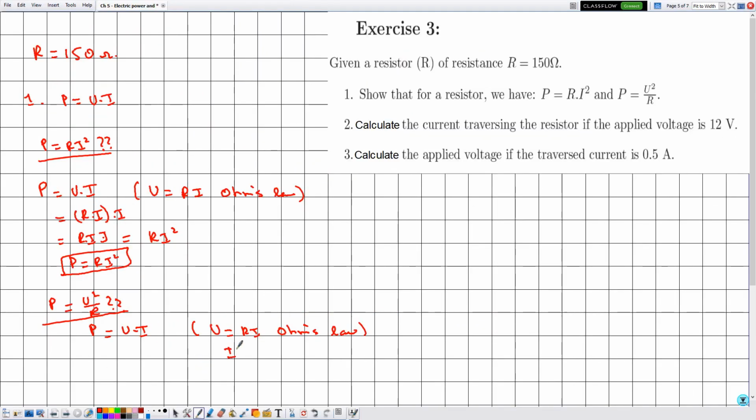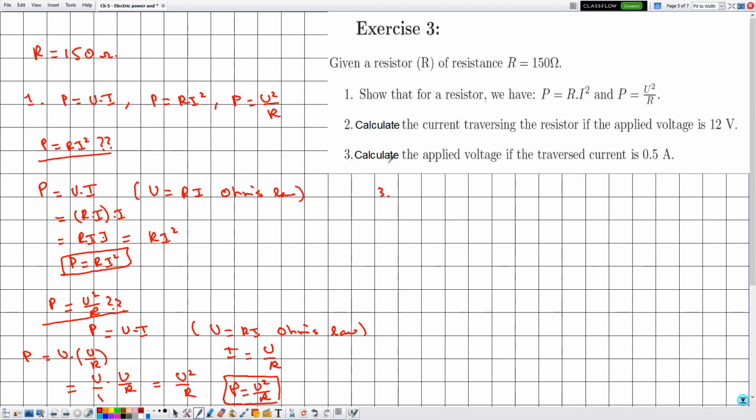So let me write here I is equal to U divided by R. So P is equal to U multiplied by U divided by R, which is equal to U square over R. So P is equal to U square divided by R. This is the third form of the electric power. So here let me write P is equal to RI square and P is equal to U square over R.